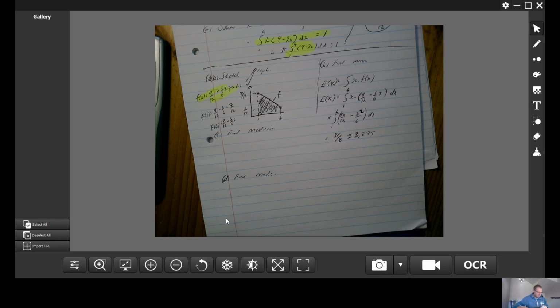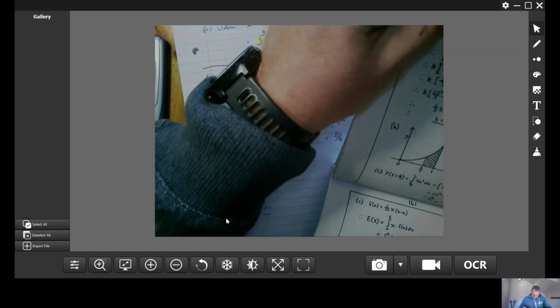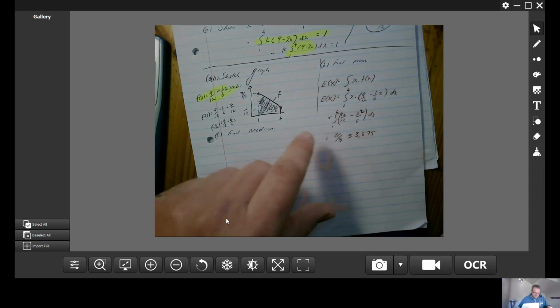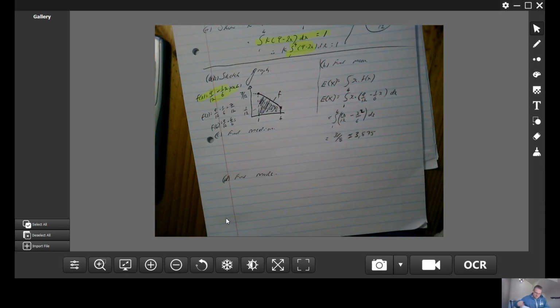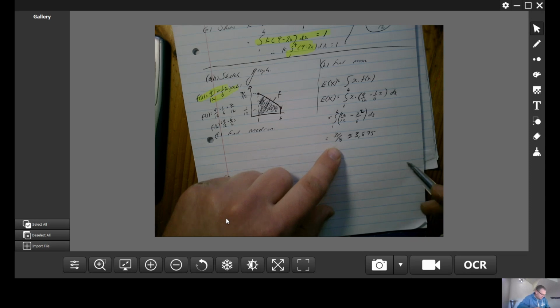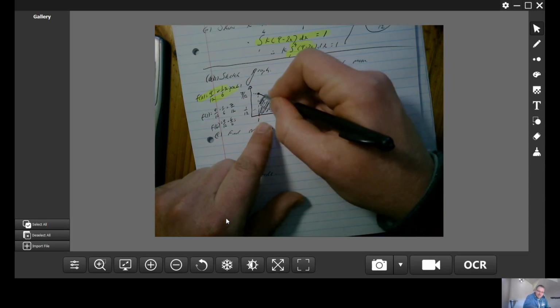Something doesn't sit comfortable with me. I'm just checking the memo. I made a mistake somewhere. You should get an answer of 2. I thought it was wrong because the expected value should be round about here.